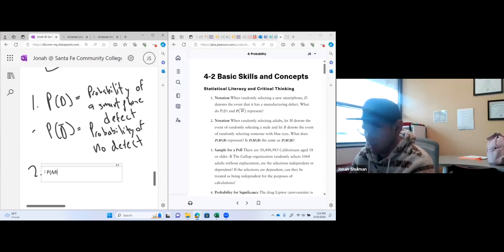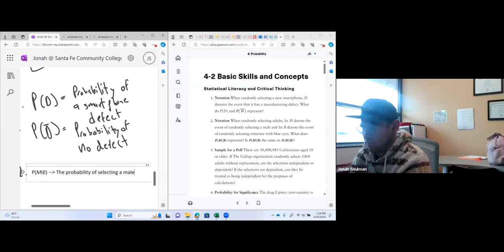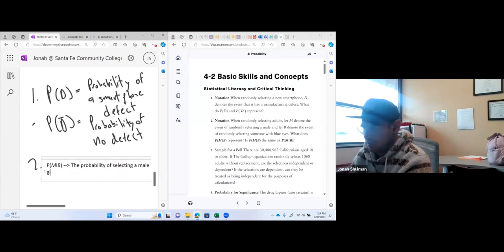I want to look exactly like theirs. So the second one is such that, this means the probability of selecting a male given that person has blue eyes.